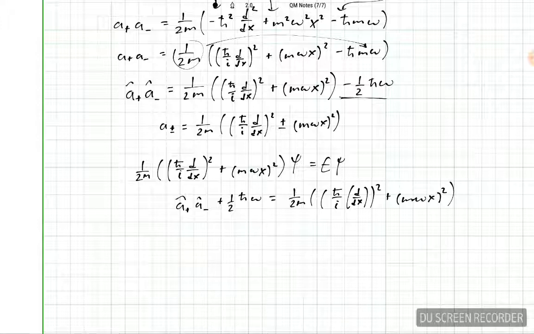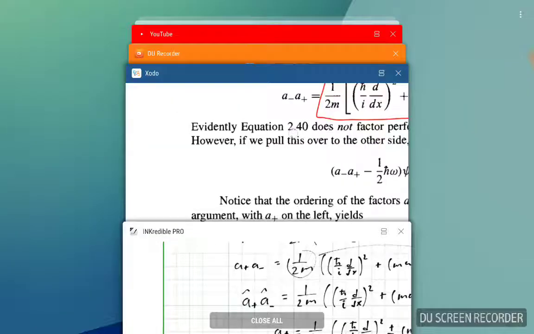So what I get is, in my case, because I did my raising operator times my lowering operator plus 1/2 h bar omega acting on psi equals the energy times psi.